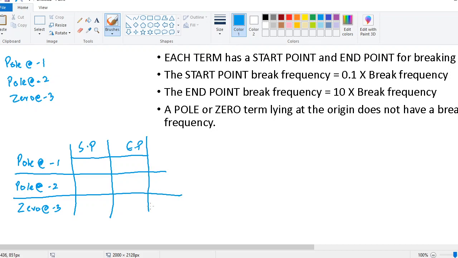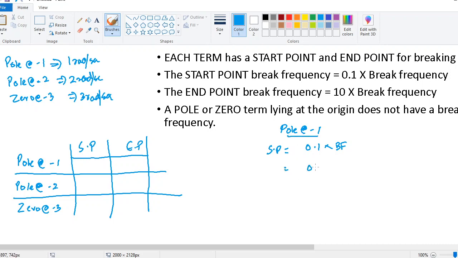Okay, so let's first of all write down the break frequencies here. This is 1 radian per second, this is equal to 2 radians per second, and the break frequency here is 3 radians per second. Now the pole at minus 1, what is the start point? So the start point is 0.1 multiplied by the break frequency. I'm talking about the pole at minus 1, right?